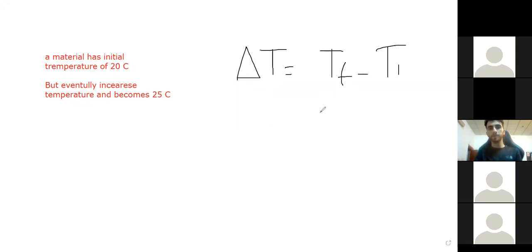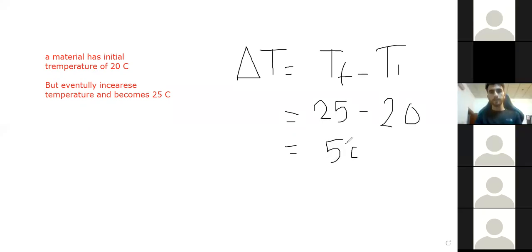T final is how much? 25, yes. Minus the initial temperature, which is 20. And when you subtract them, you will get 5 degrees Celsius. Now this value is clearly positive. So the delta T is clearly positive.